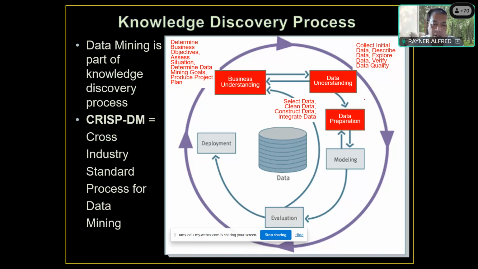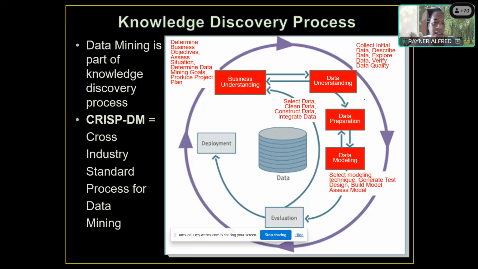Okay. Then the data modeling is basically selecting the model, and then you go for the training and testing phase, then build the model, and you try to improve the quality of the model that you produce. Okay?